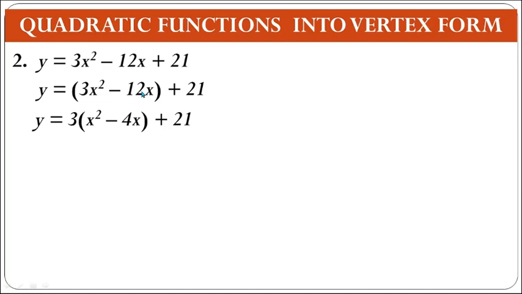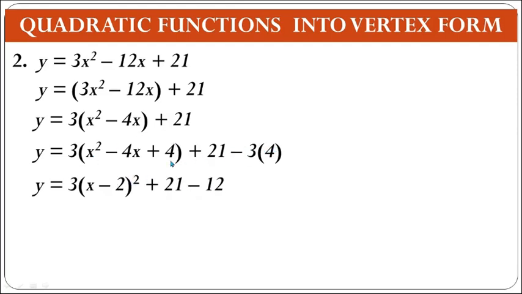Okay, so now we can use our completing the square method here. So, x squared minus 4x plus 4, then plus 21 minus 4. Where did we get the 3? The one in front. When there is a number here, or a negative, we also multiply it here. Next, the perfect square trinomial, we make it a square of a binomial.